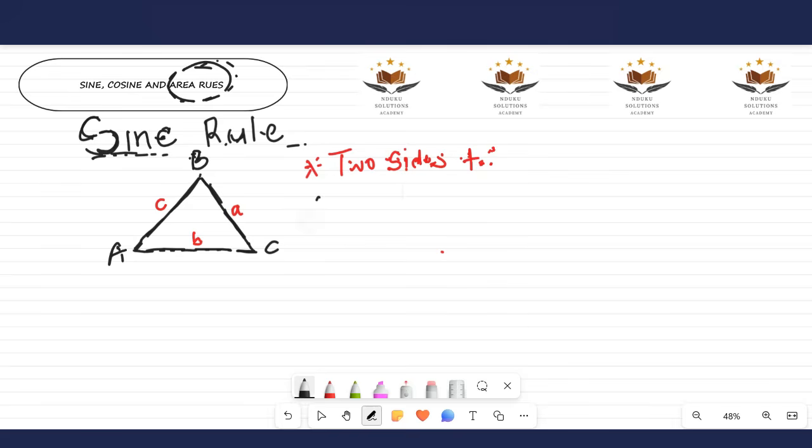Let me repeat it again. The sine rule will be used when you have two sides and an angle.